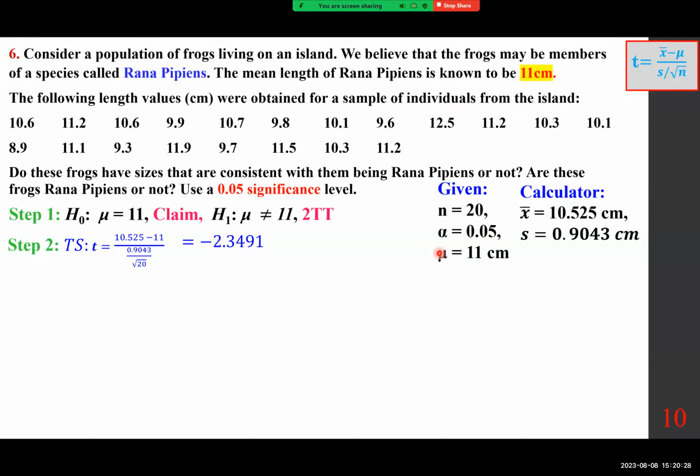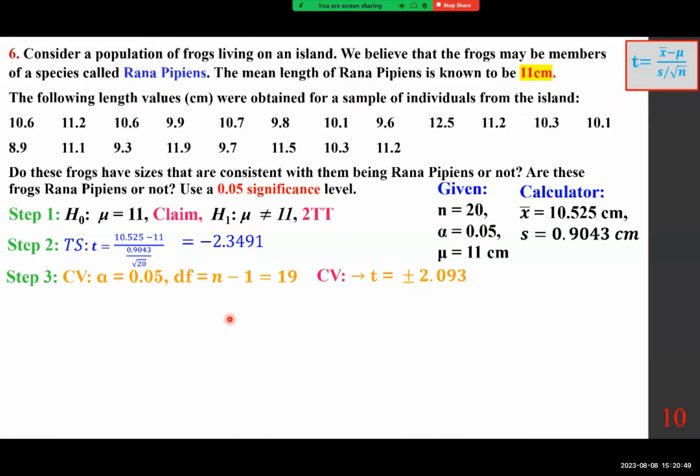In this case, degrees of freedom is n minus 1, or 19. And if you go with the table, you can see the T is plus or minus 2.093. And why is it plus or minus? The area in two tails is alpha of 0.05. I'm assuming everybody can look up the T table by now.